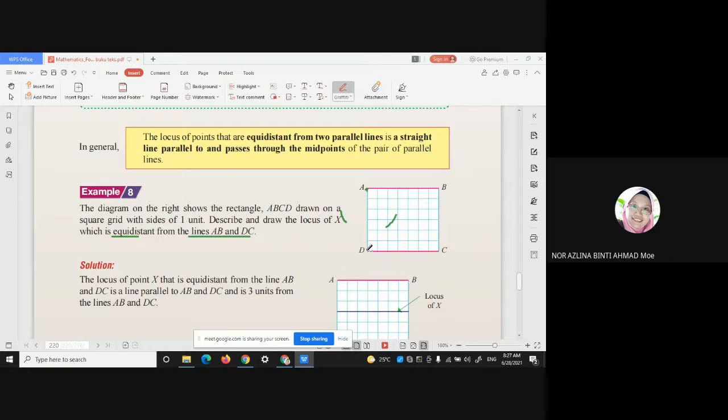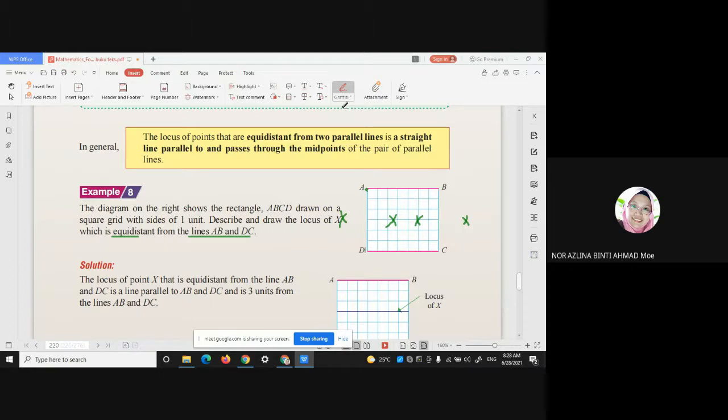From D, left, right. The same from point B, and then point C, left and right.